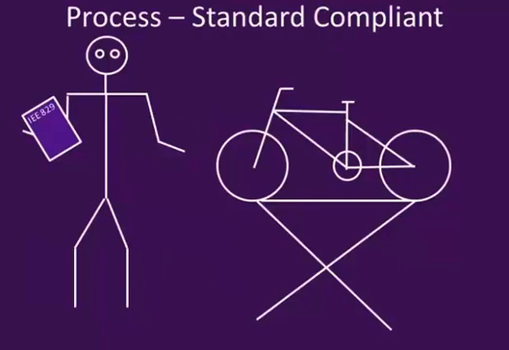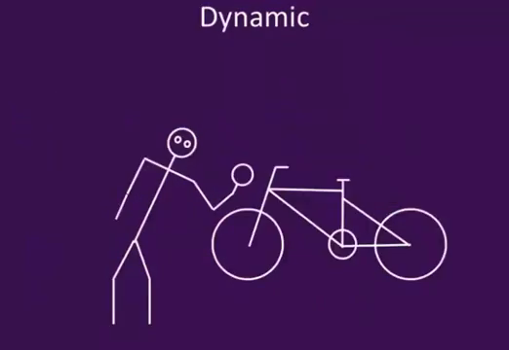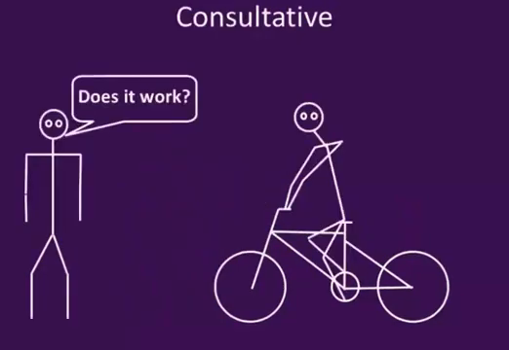Standard compliant. Does it comply to the standards? Use templates such as IEEE 829. Dynamic. You check known or suspected weaknesses. Typically you do this near completion of the project. Consultative.